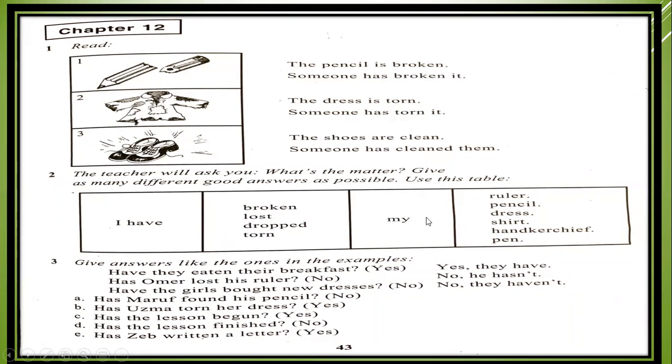I have lost my ruler. I have dropped my pencil. I have torn my dress. You can make many sentences by using this word broken. I have broken my ruler. I have broken my pencil. Or I have broken my pen. For dress and shirt, we don't use the word broken.